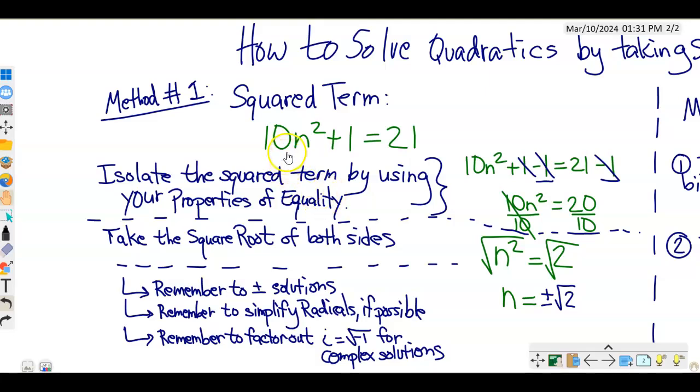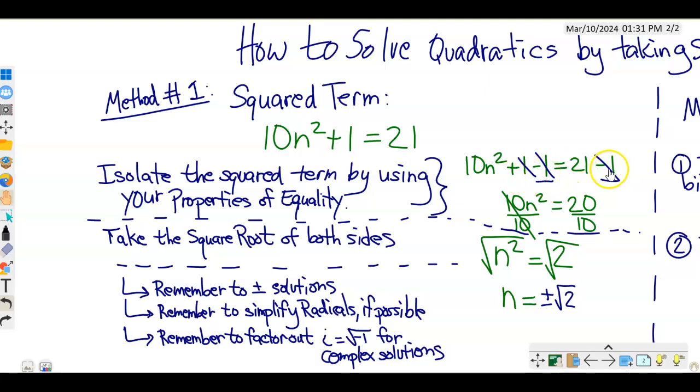So if we look at the equation that we've got, we can see that we've got a positive 1 constant term on the same side of the equation as our squared term. So we don't want that there. So we're going to use our subtraction property of equality because that's what will cancel this positive 1.